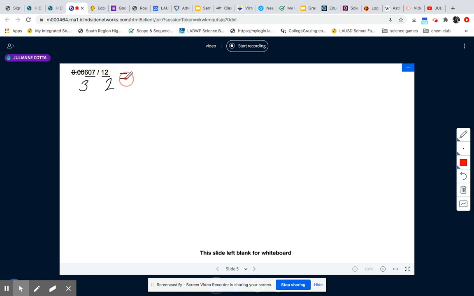So in the calculator, this equals 0.00607 divided by 12. And that is 5.0583 infinity. I'll put the line on top of the 3 to show infinity.